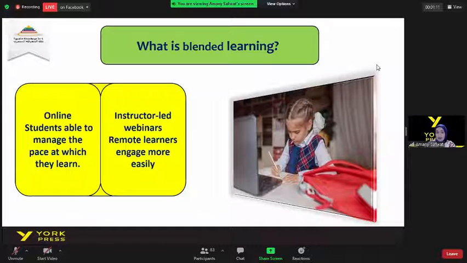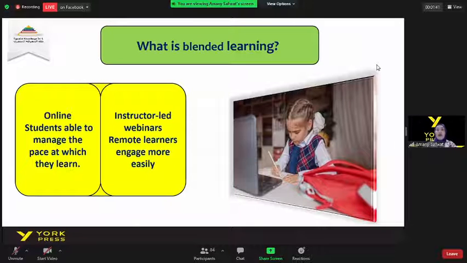When online, students are able to manage the pace at which they learn. So they say that we are able to study this and this today. I will use these resources for today. And then maybe another student can just learn in another way. But through instructor-led webinars, we find that remote learners engage more easily.